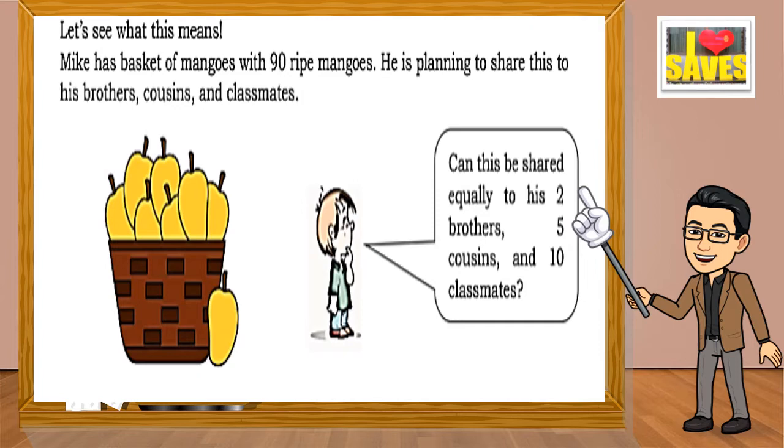So here, the best thing that you have to do is to solve this problem. So let's divide 90 divided by 2 and 90 divided by 5 and another one 90 divided by 10. So let's find out if we divide those numbers into 90, there will be no remainder.